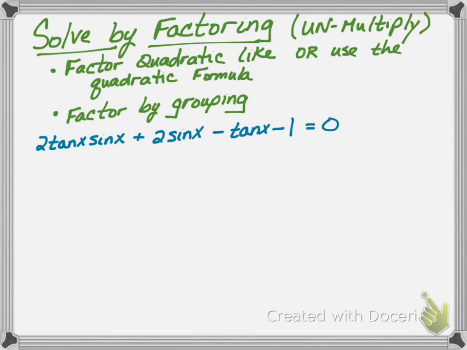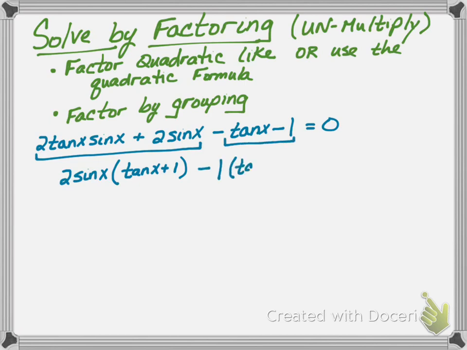Notice that there are 4 terms here. And if I group the first 2 together, they have in common 2 sine of x. And what's left over is tangent of x plus 1. The last 2 terms, negative tangent of x minus 1, that has a negative 1 in common, and what's left over is tangent of x plus 1.